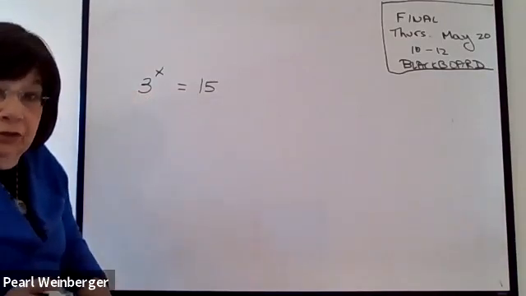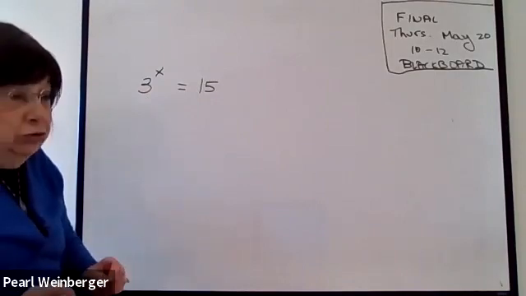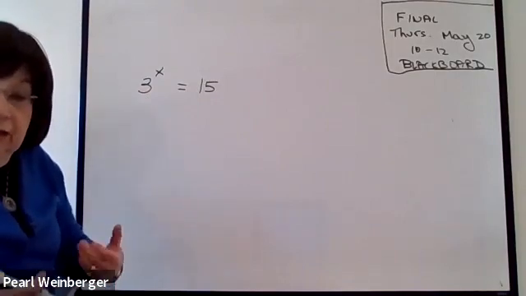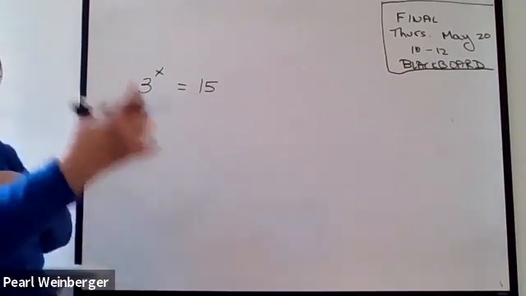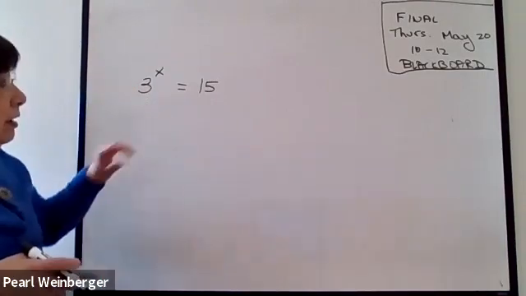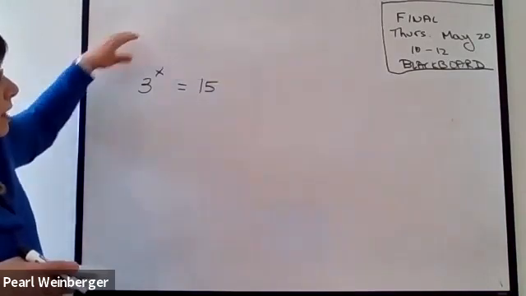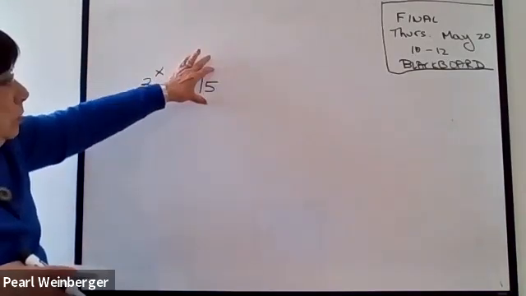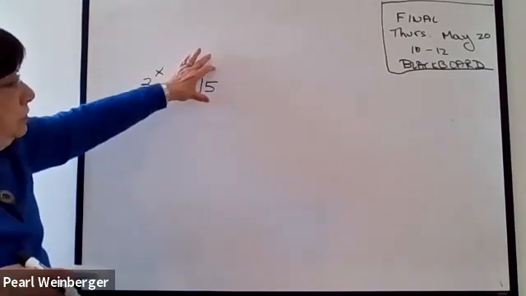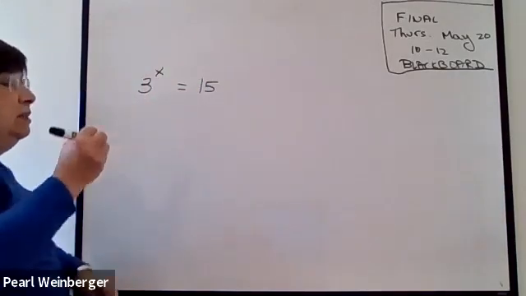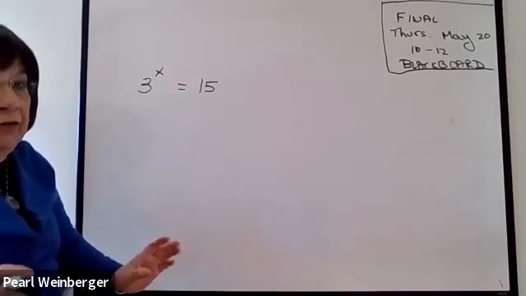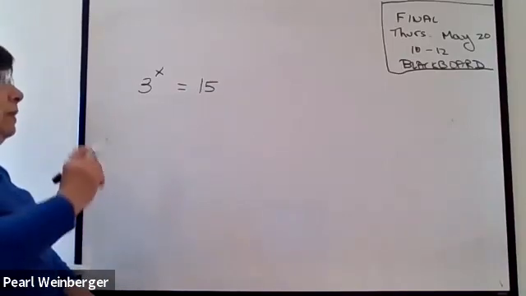So here's an alternate method, and actually you could use it on the other exponential equations as well. I think that the way we did those are the easier way, but certainly when you can't express both numbers in terms of the same base, what you could do is take the log of both sides. What do I mean?